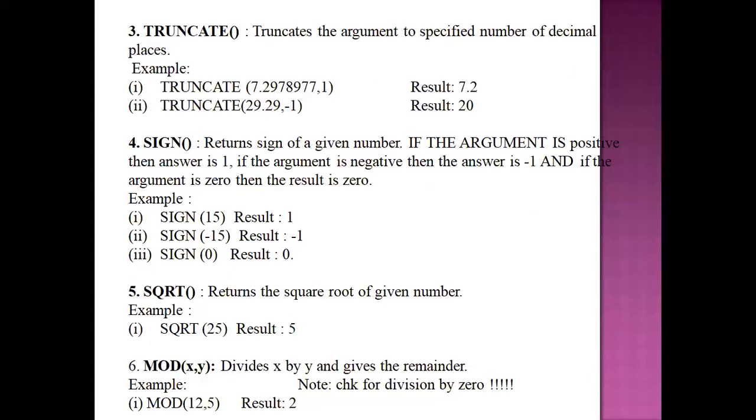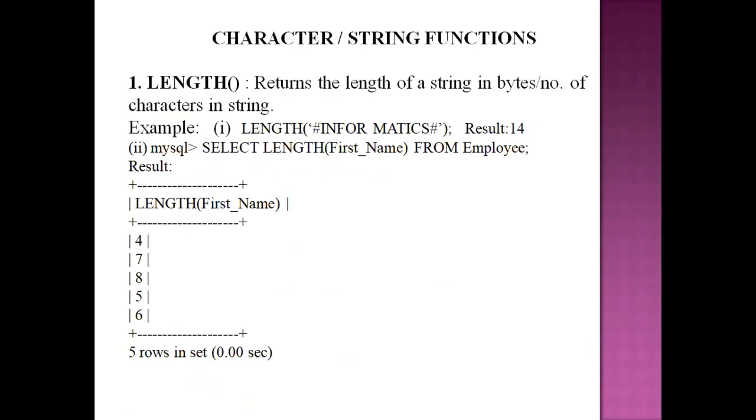Truncate, the sign function for negative and positive values, and sqrt we have also discussed; with sqrt we have to put the argument value here. Mod also we have discussed, and the length function we already discussed.